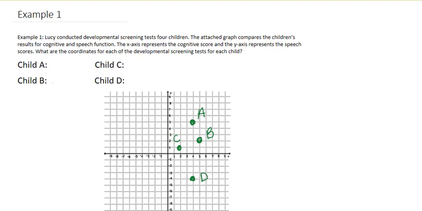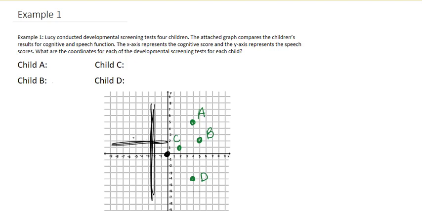So, child A, when we look at this coordinate plane, we start at the origin, which is right here in the middle. This is vertical, and horizontal is like this, right?